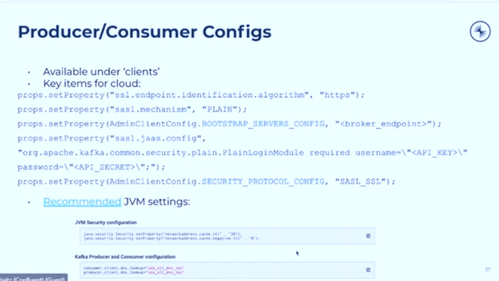So we're restricting the time to live of the DNS cache, and we set the time to live for the negative caching to 0 to avoid any negative caching on the DNS entries.